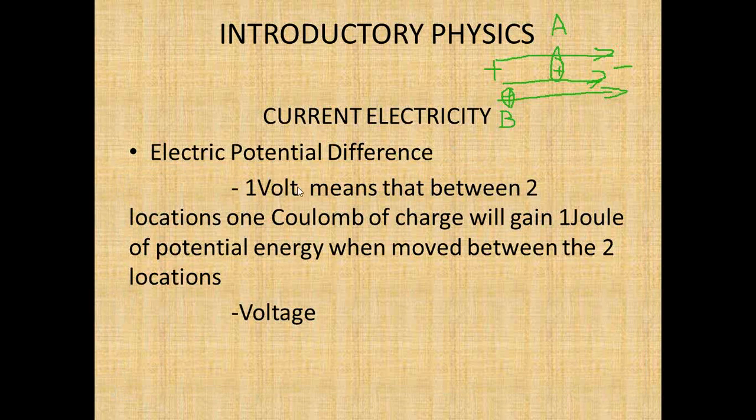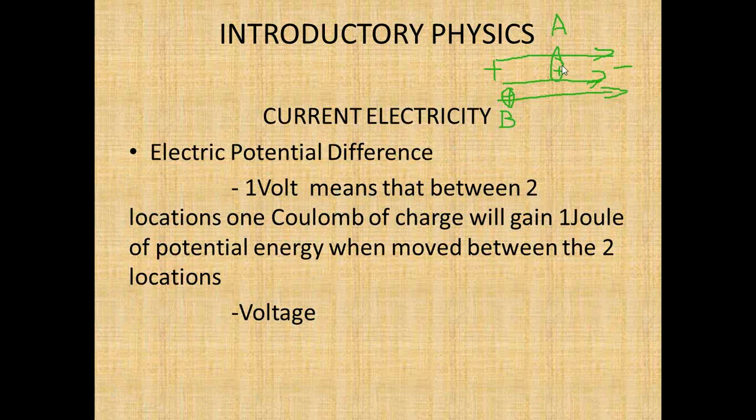All right? So the electric potential difference, as we said, we measure it in volts. The metric unit is volts, and a volt is joule per coulomb. It means that between the two locations, A and B, 1 coulomb of charge will gain 1 joule of potential energy when moved between the two locations.